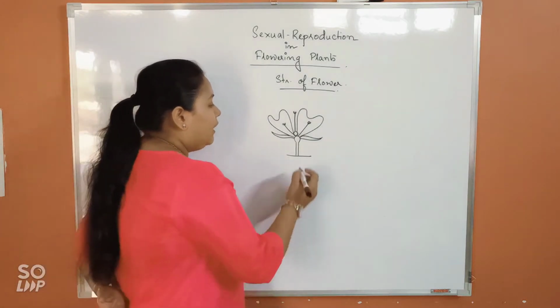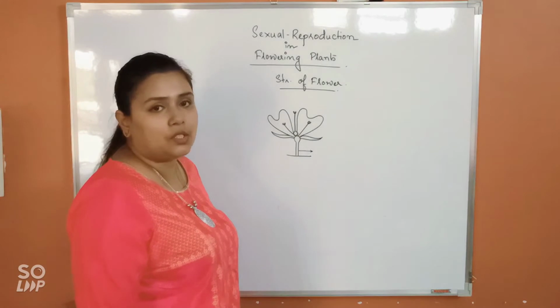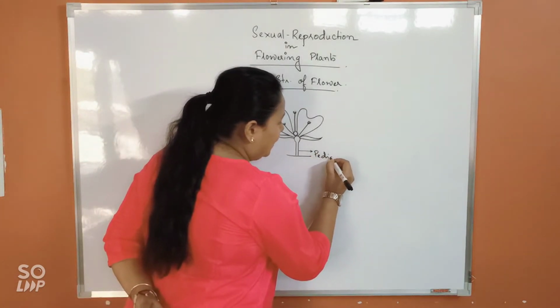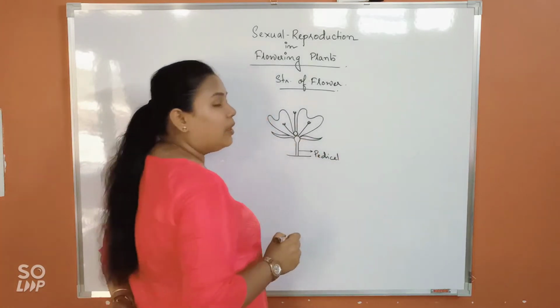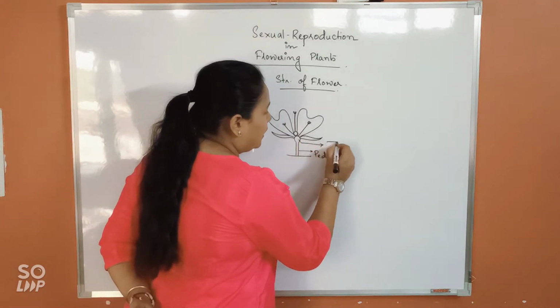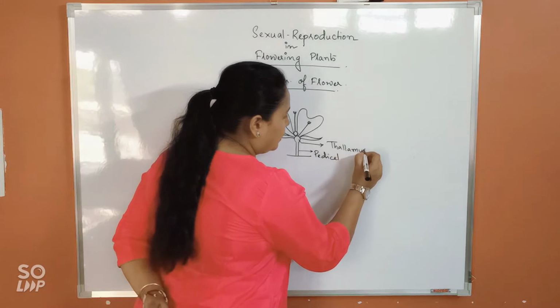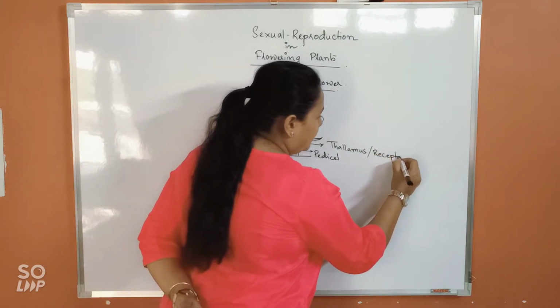You know very well that a flower possesses a stalk that's called pedicel, and it ends up into a swollen tip that is known as thalamus or receptacle.